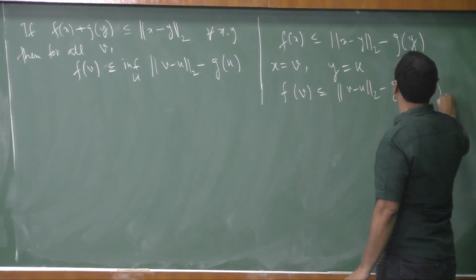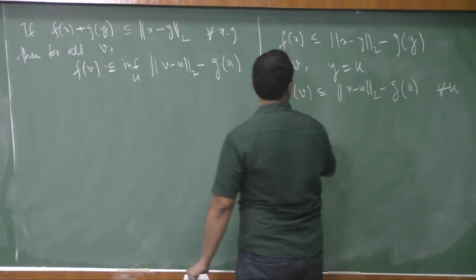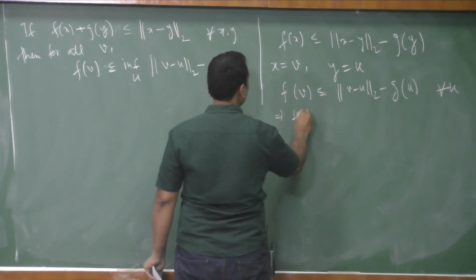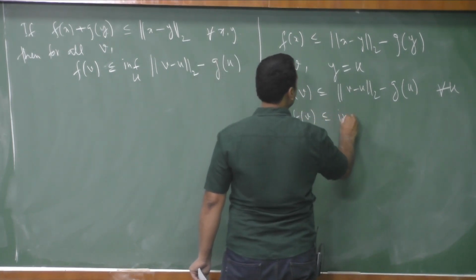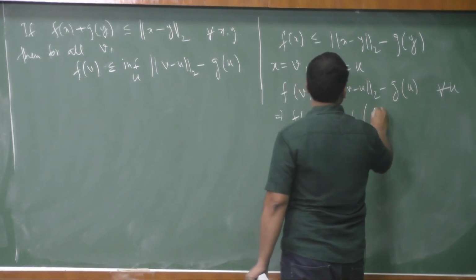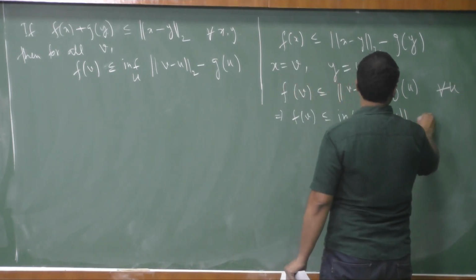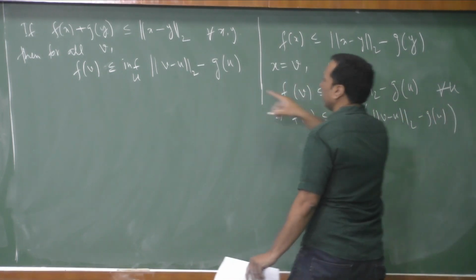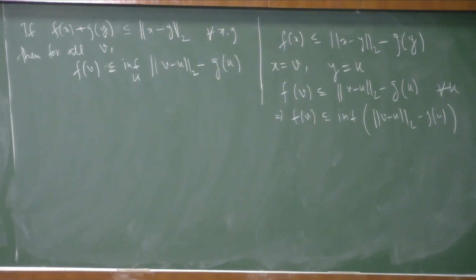And this is true for all u, so this implies fv is less than or equal to the infimum of the norm of v minus u minus gu. This is what we did here. We use the fact that fx plus gy is less than that.